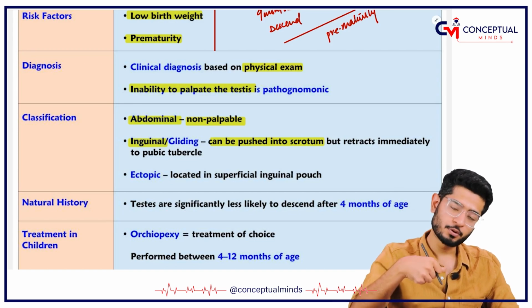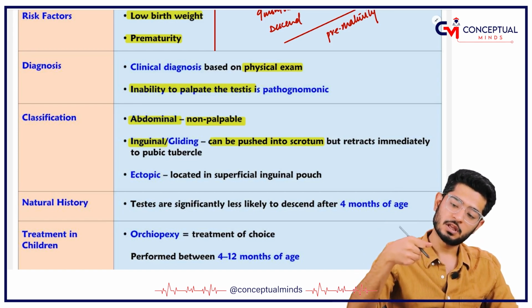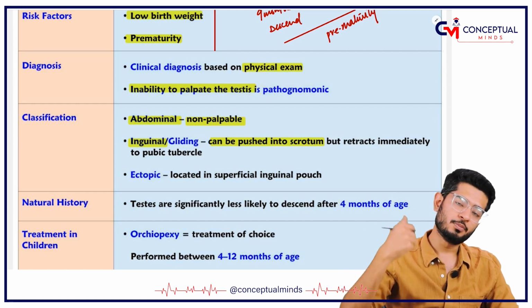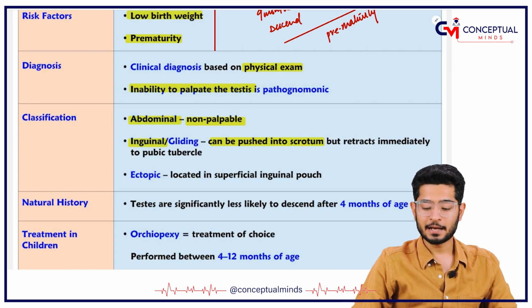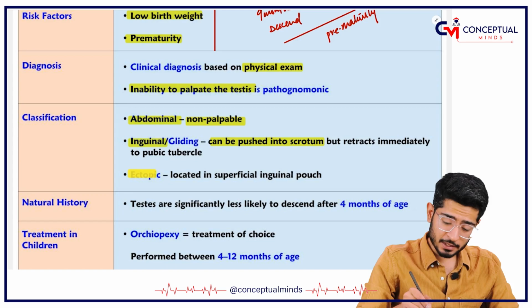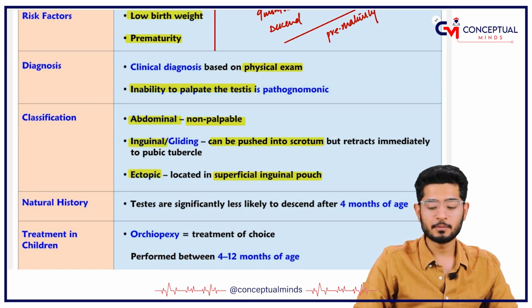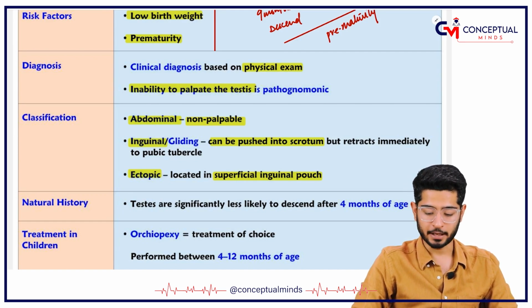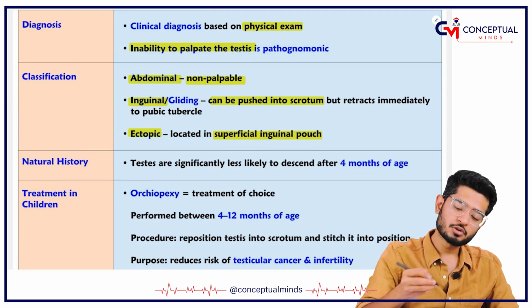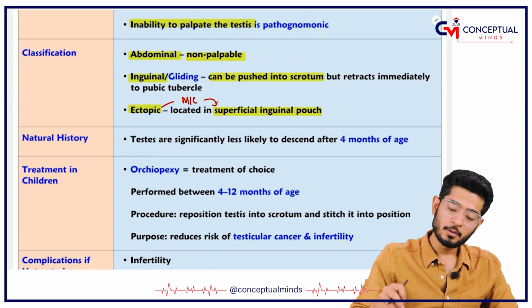It can also be ectopic. If it is located in the superficial inguinal pouch, we call it ectopic, and the most common site for ectopic testis is the superficial inguinal pouch.